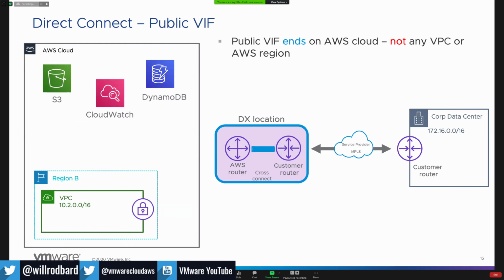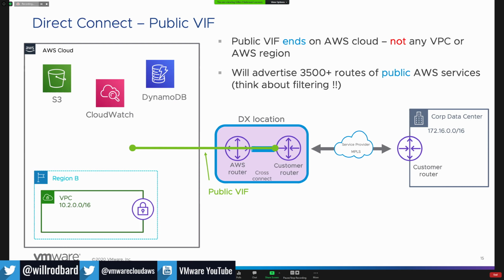And the public VIF ends on AWS cloud also, not any VPC or any region. It just ends in AWS cloud and then connects every public service to this public VIF. And AWS has thousands of public AWS services. So think about filtering. There are a lot of ways to do filtering on that.